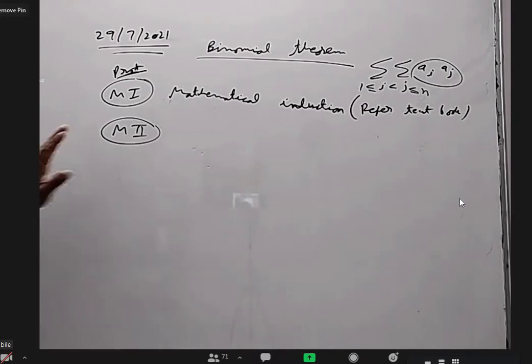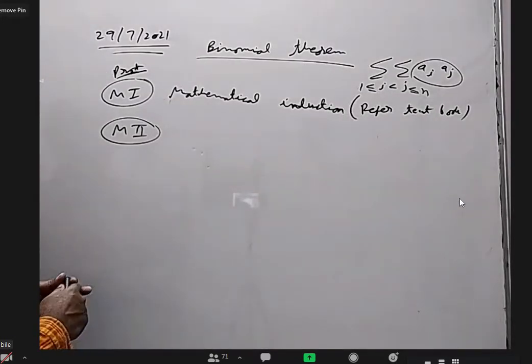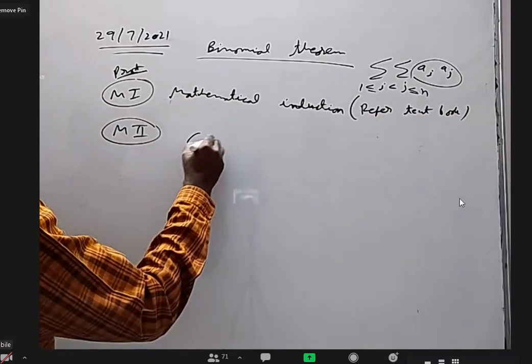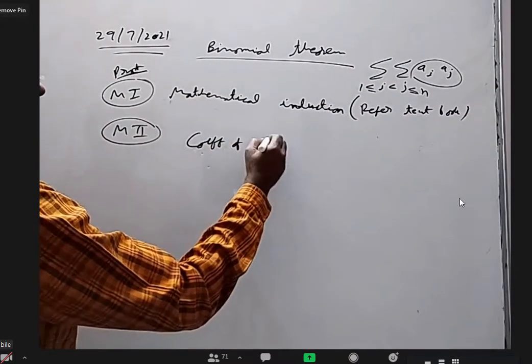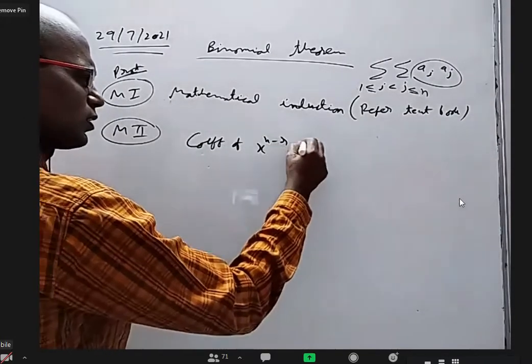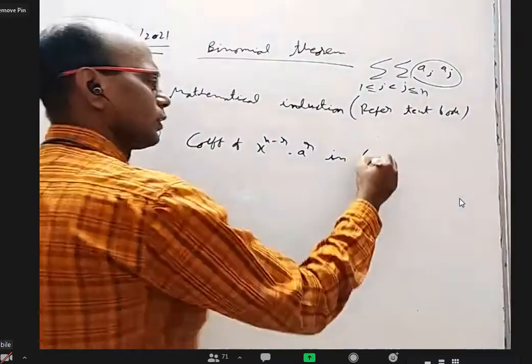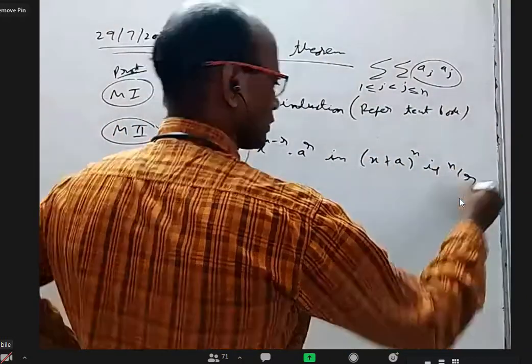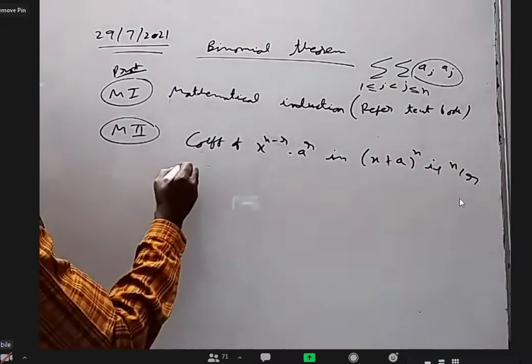All right, it's okay. So method 2: the coefficient of x power n minus r into a power r in x plus a whole power n is NCR. Why?